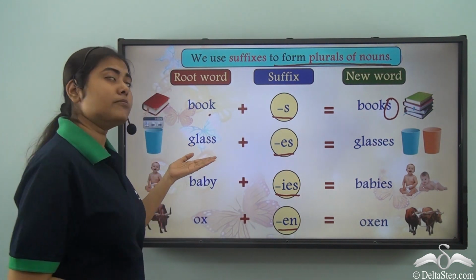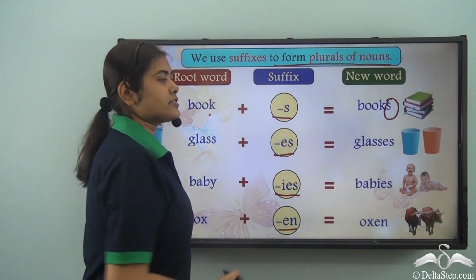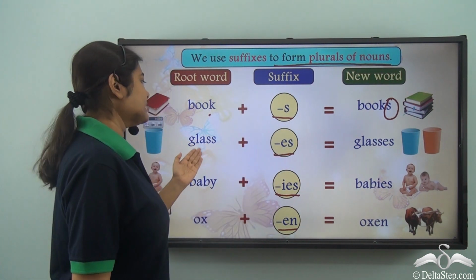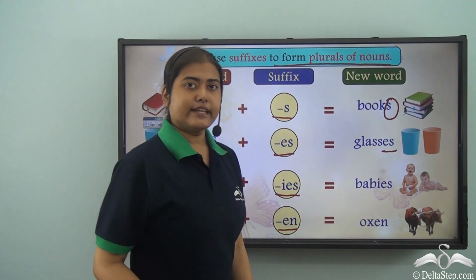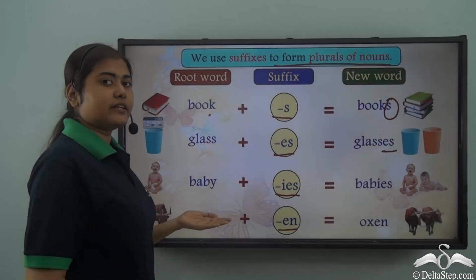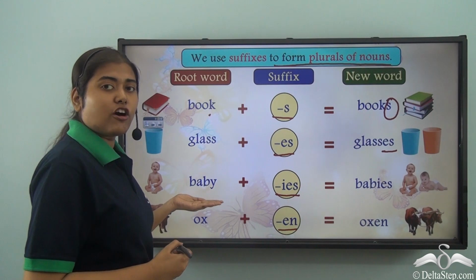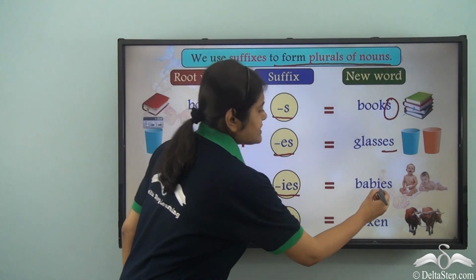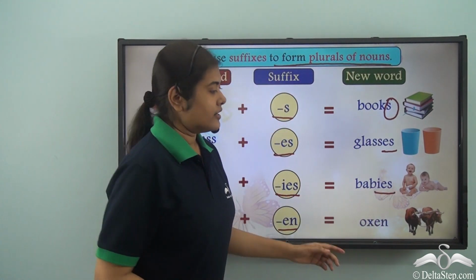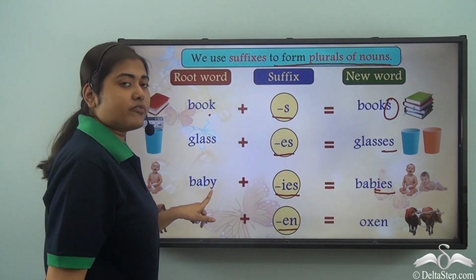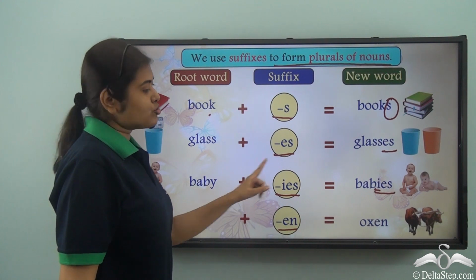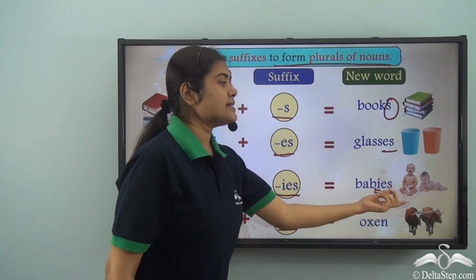Similarly, for some words, we add ES to form the plurals, as in glass becomes glasses. So, ES is added after glass. Similarly, to form the plural of baby, what we do is add an IES. Now, this I is actually coming from this Y. So, Y changes to I and ES is added.